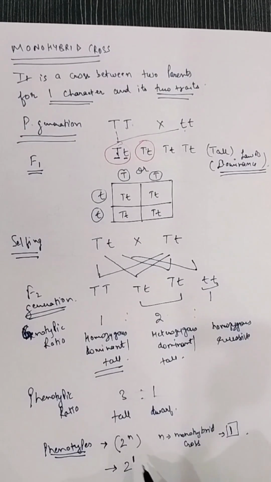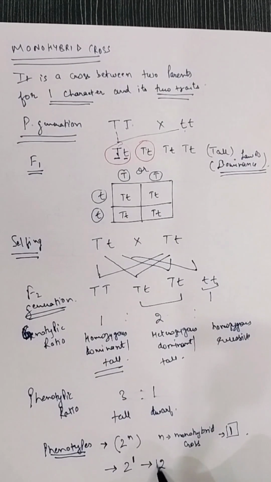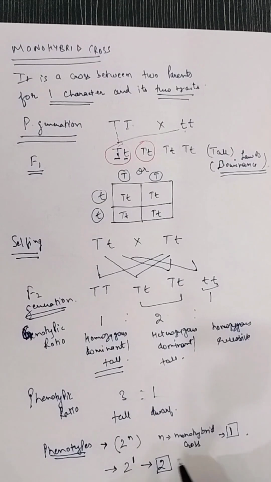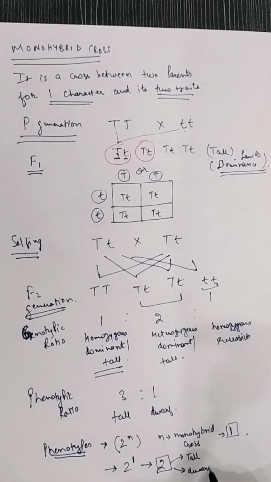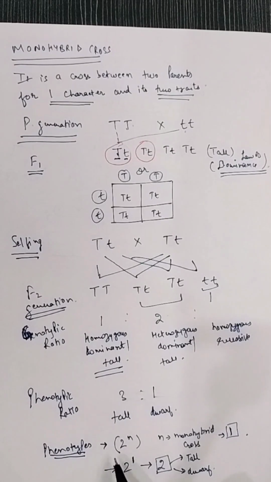So like this we will be getting two phenotypes. One phenotype is tall and another phenotype is dwarf. So this is the formula for the monohybrid cross in order to get the phenotype.